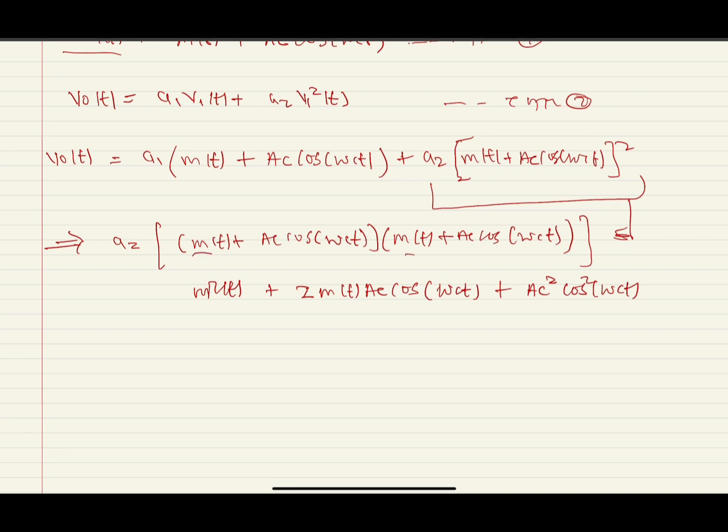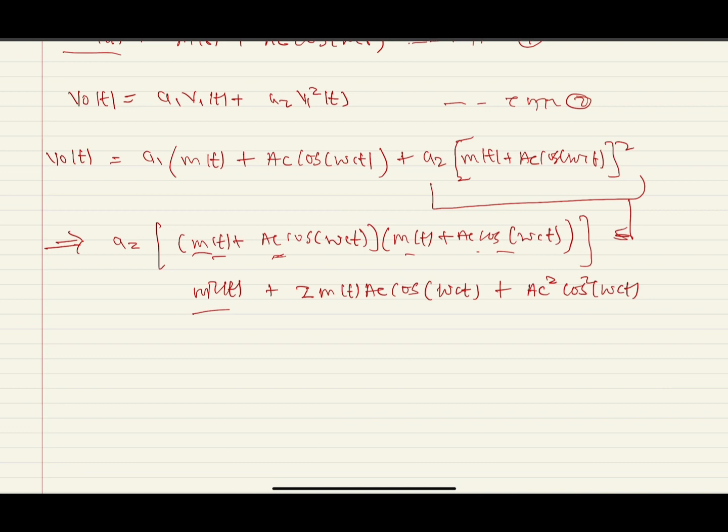This one was multiplied by this, I got M squared of t. It was also multiplied by this. This one multiplied by this again, you get M of t A_c cos omega_c t. And then we are done with the other side. We pick this one as well. So A_c multiplied by M of t is also equal to M of t A_c cos omega_c t, of which when we add them, we are going to get 2 M of t A_c cos omega_c t. But you know that A_c cos omega_c t multiplying another A_c cos omega_c t is going to give us A_c squared cos squared omega_c t.